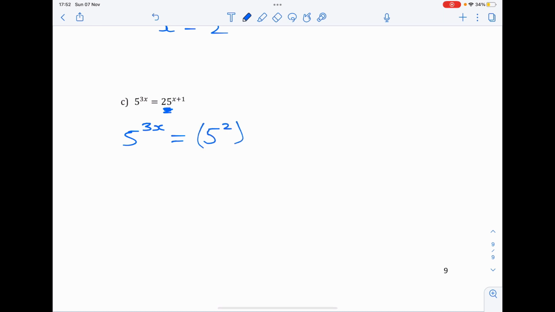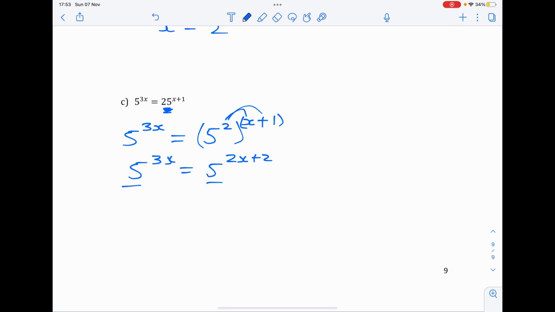We're going to put that in a bracket, x plus 1. What we can do here now is get rid of the bracket. So we're going to multiply this 2 with the exponent on the outside. So it's 5 to the 2x plus 2. Remember, we're multiplying into that whole thing. You can think of it as a bracket in that exponent.